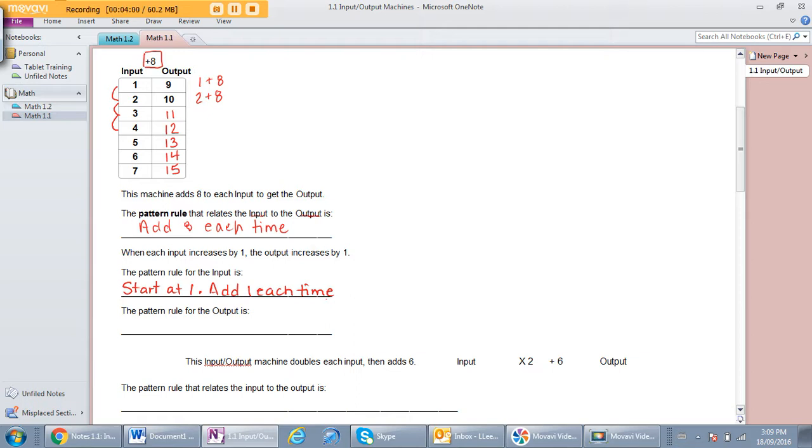If I take a look at the output and I want to think about the pattern rule for my list of output numbers in this table of values, I'm actually starting at the number 9 and I'm adding 1 each time as well.